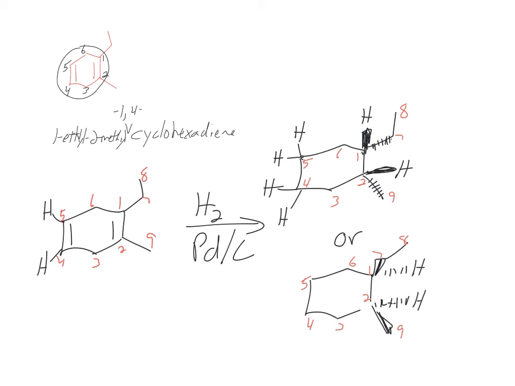So these two are enantiomers. So we'd make what we call a racemic mixture. There's no preference. We'd make 100 of these and 100 of those, or 1,000,000 of these and 1,000,000 of those. There's no preference. It'd be a 50-50 mixture of both enantiomers. We call that racemic. So this reaction is still stereoselective.